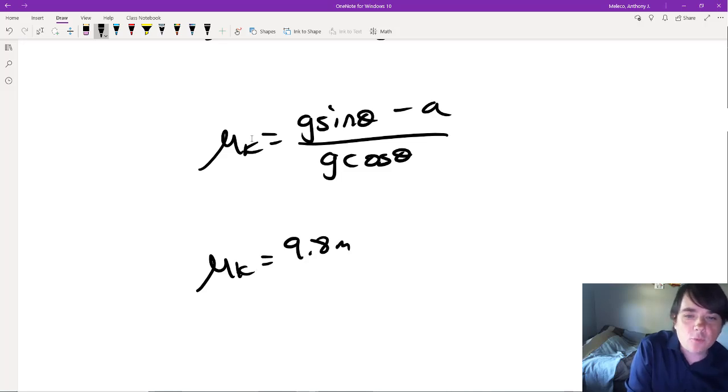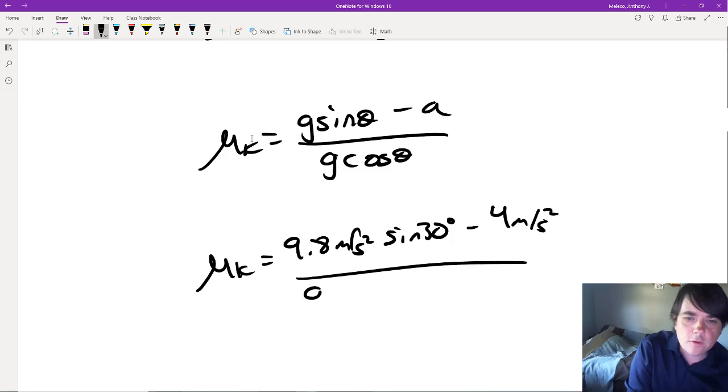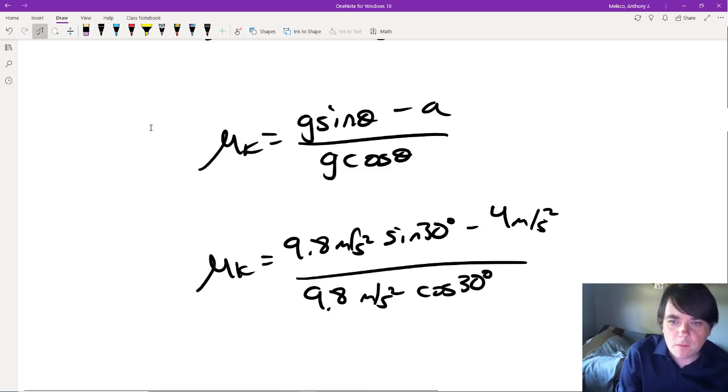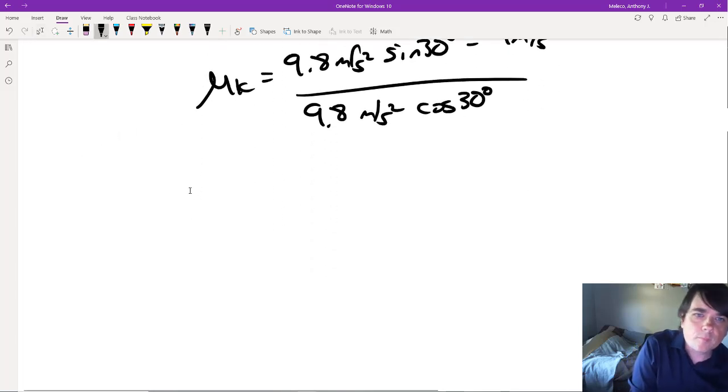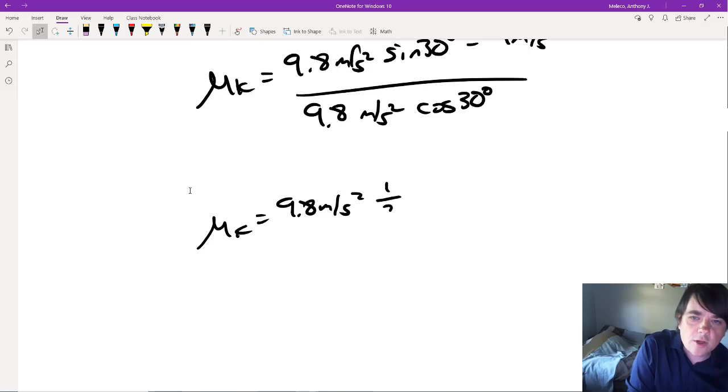So this is going to be 9.8 meters per second squared times sine 30 degrees minus 4 meters per second squared, over 9.8 and then cosine of 30 degrees. Sine of 30 is 1/2.